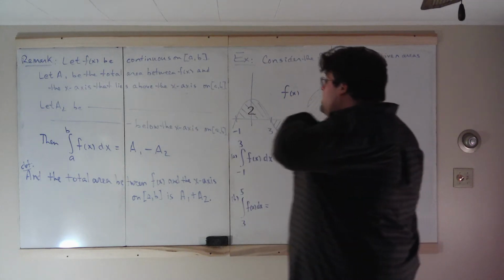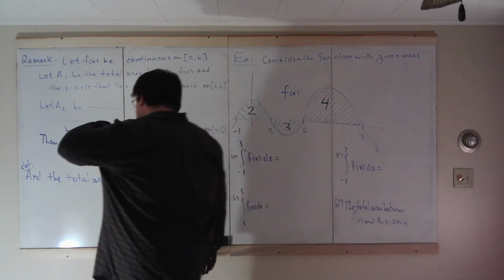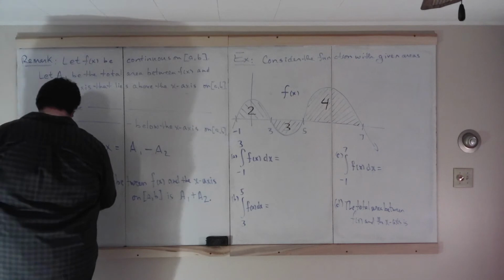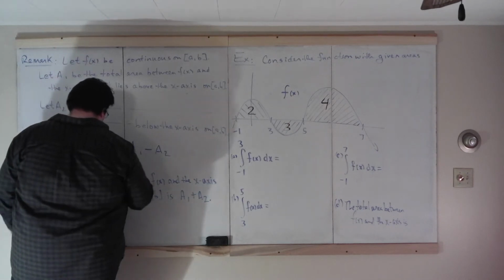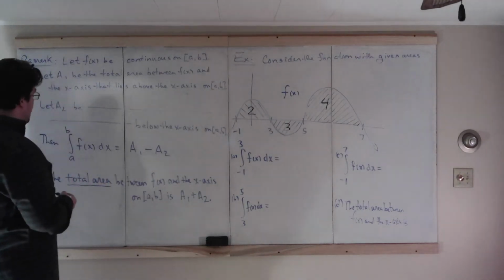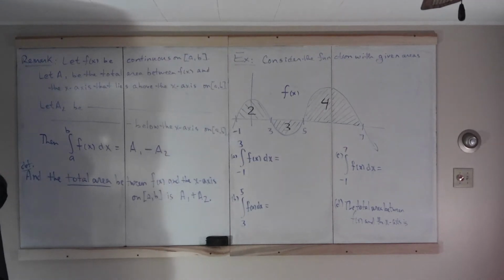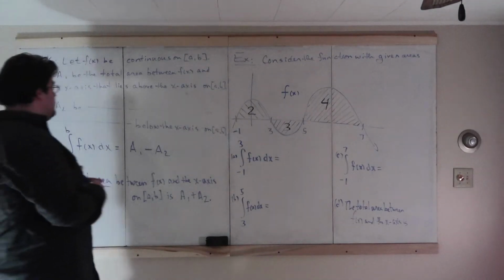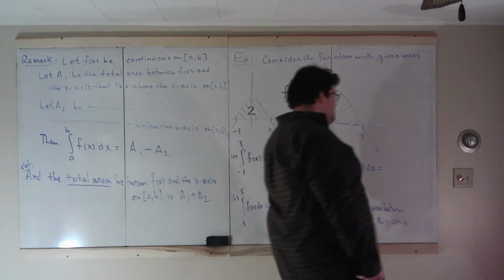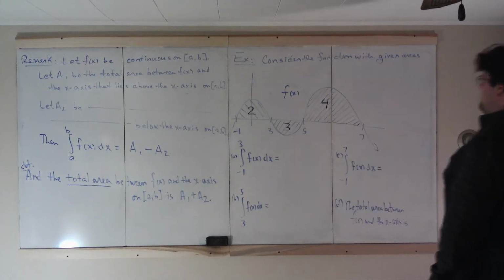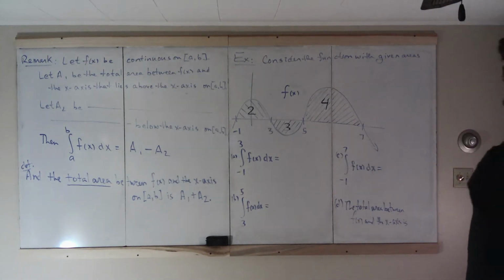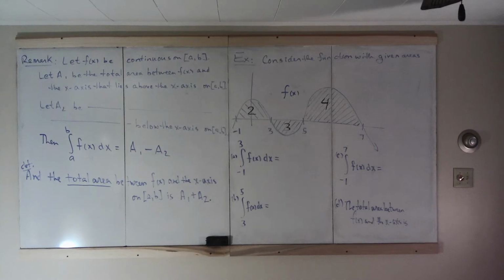Definition: the total area between f of x and the x-axis on a to b is A1 plus A2. So total area, we'll treat it as positive. But the definite integral treats what's below the x-axis as negative.